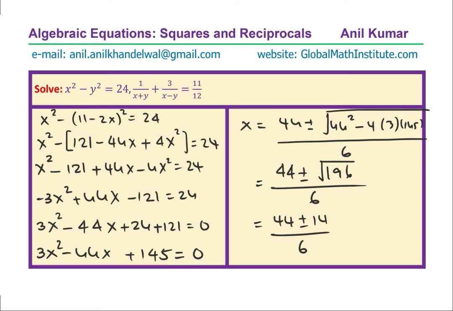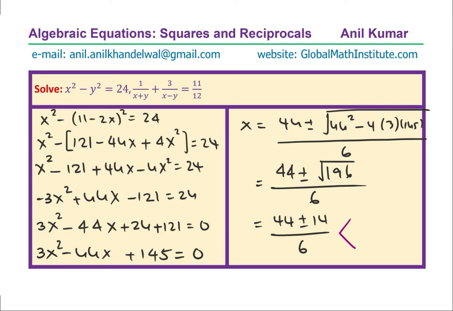So that gives you two valid values for x. So one being, add 44 to it, which is 58, divided by 6.